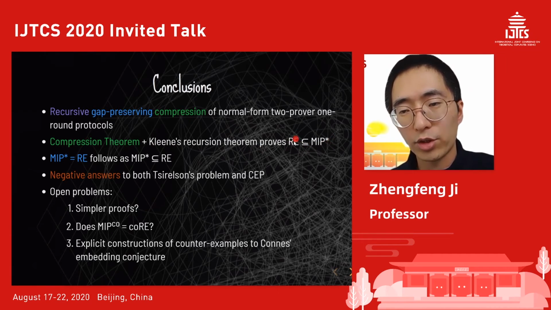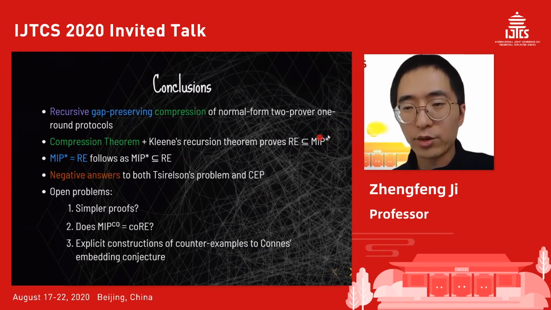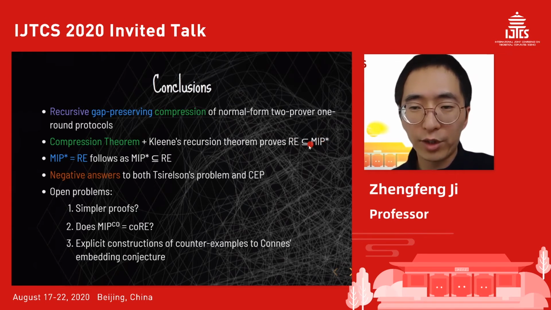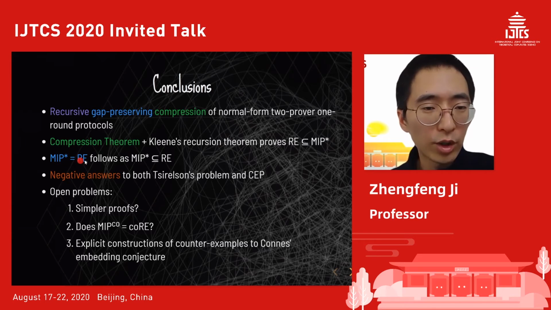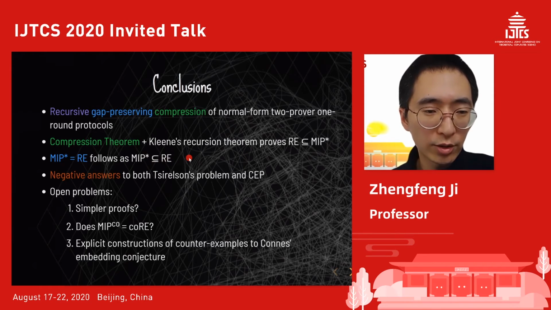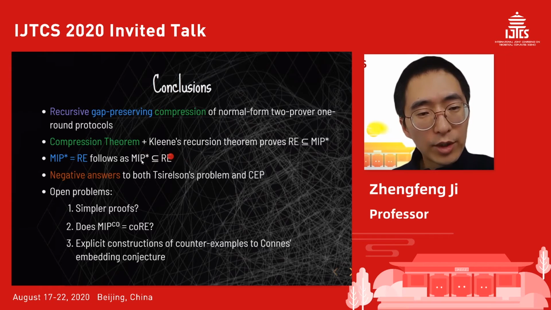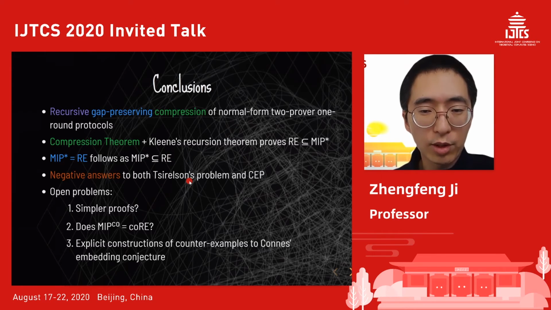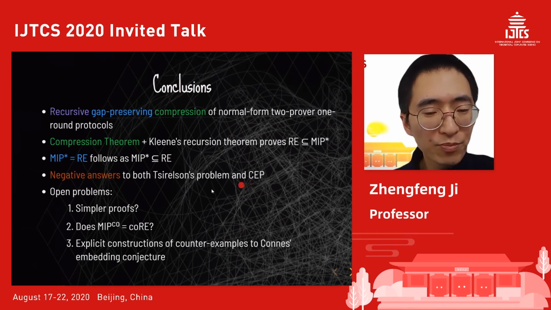You can reduce the halting problem to deciding whether the value of a game is big or small. Then the equality follows from the containment of MIP star in RE, using algorithm 1 that we talked about earlier in the talk. And this gives negative answers to Tsirelson's problem and Connes' embedding problem.